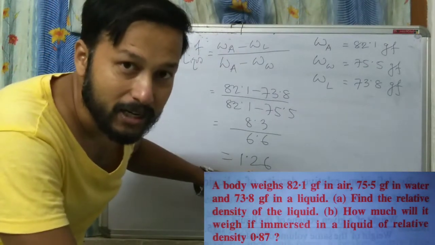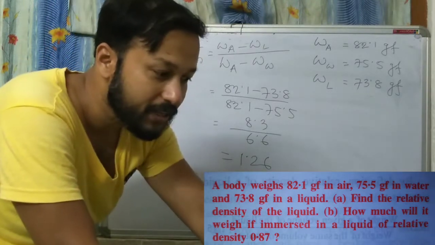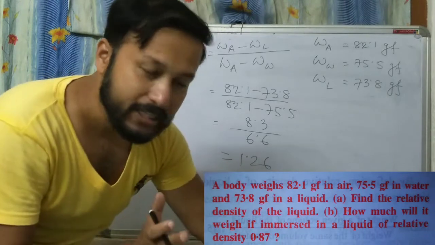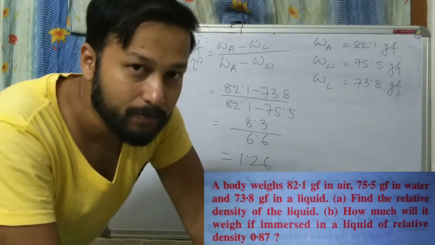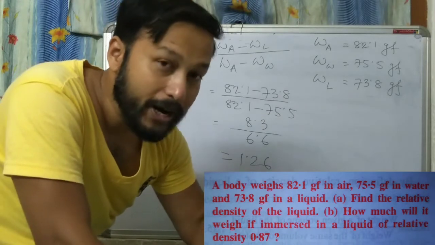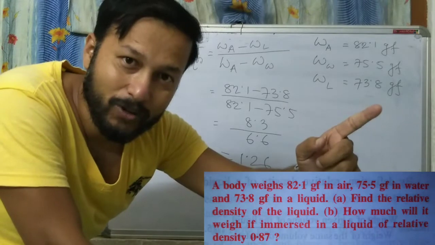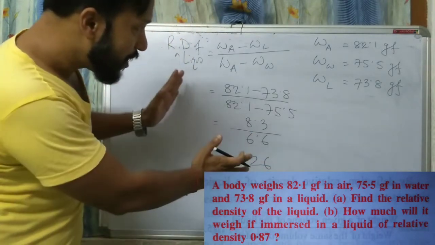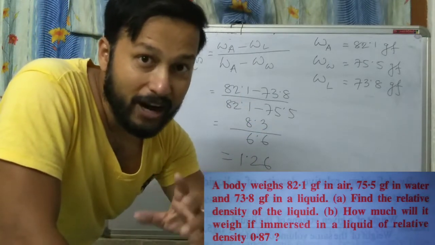Now in the next part, the relative density is given, 0.87. A liquid is given whose relative density is 0.87. Now they are asking what will be the weight of that object in that liquid whose relative density is 0.87.